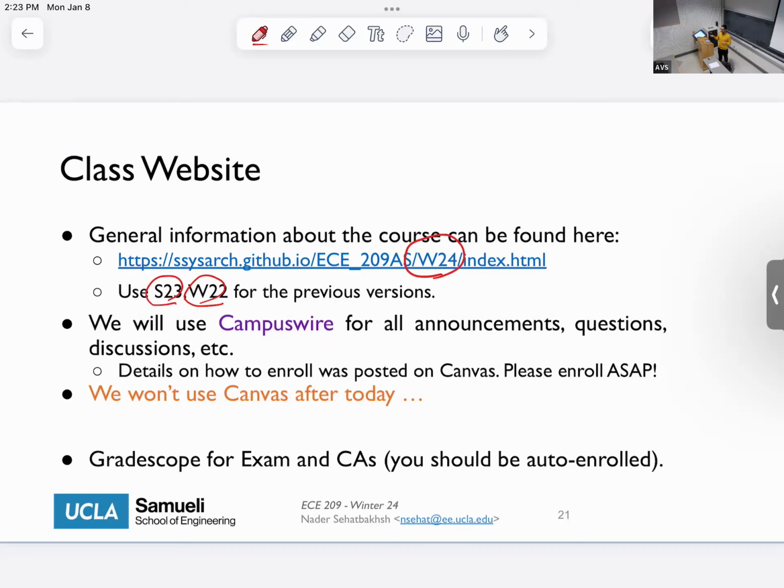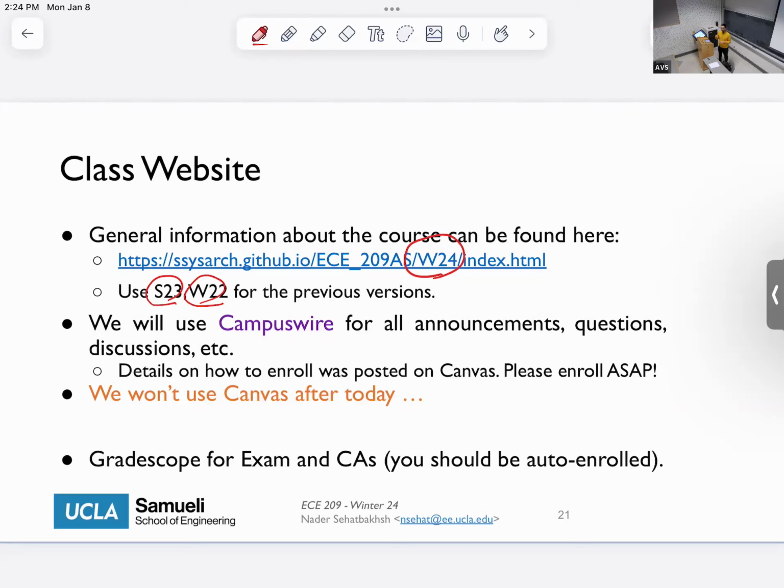How many of you haven't seen my post on Canvas? Everybody did. If you go there, you will see the link and the join code. I've seen people have already enrolled, and there were even some questions. So please enroll on CampusWire ASAP, today, because we don't use Canvas anymore, so you're going to miss things if you don't enroll.